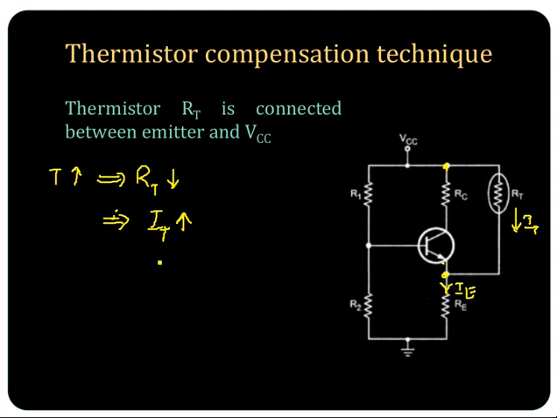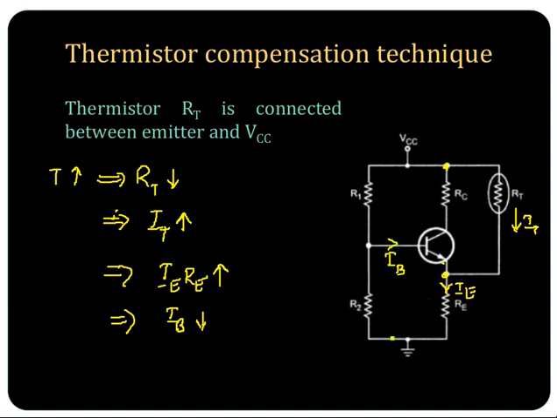So here you see, as IT increases, there will be an increase in the drop across RE. IERE will increase. If IERE increases, then consider this base circuit. In the base circuit, IB will decrease, because IB is decided by this IERE drop also. So this is IB.